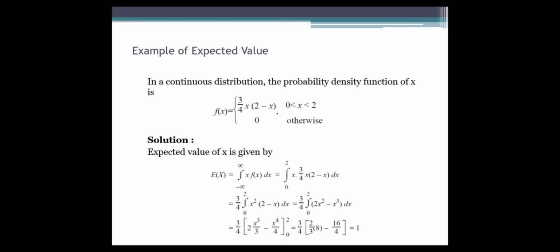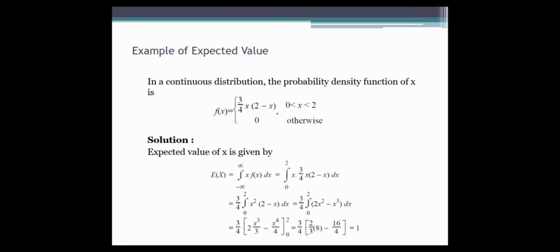So, example of the expected value. In a continuous distribution, the probability density function of x is f of x is equal to 3 over 4 times x times 2 minus x, for 0 less than x less than 2, otherwise it is 0.